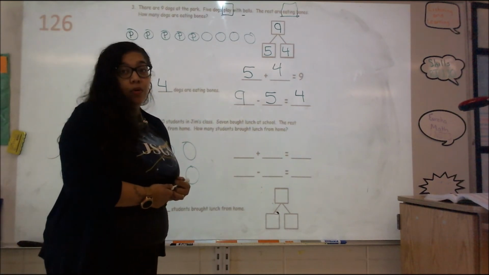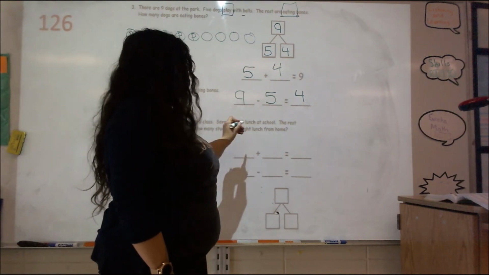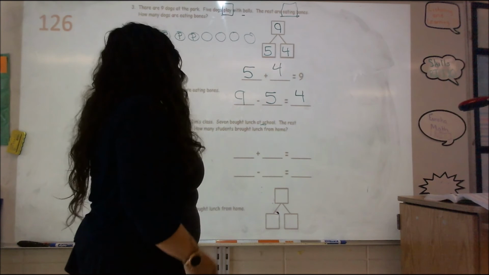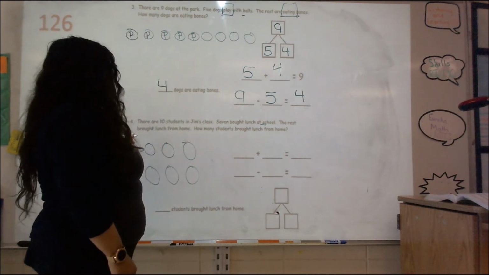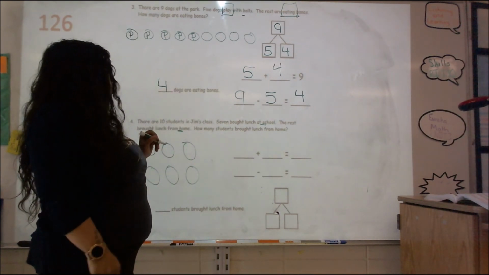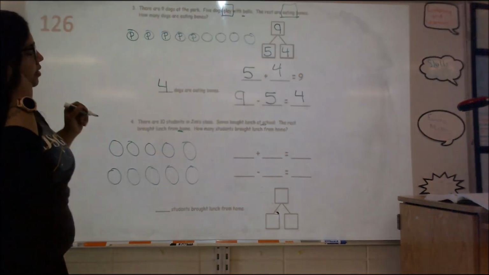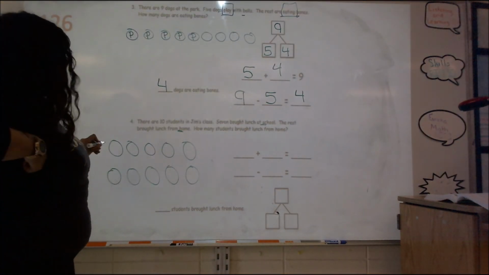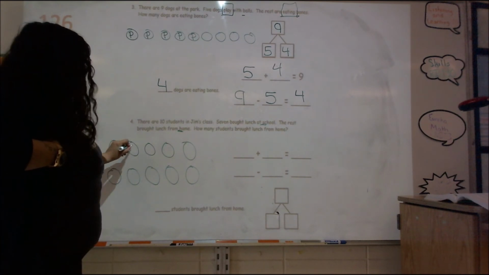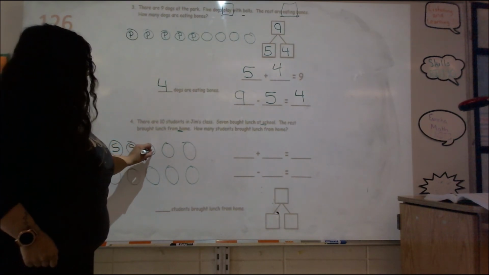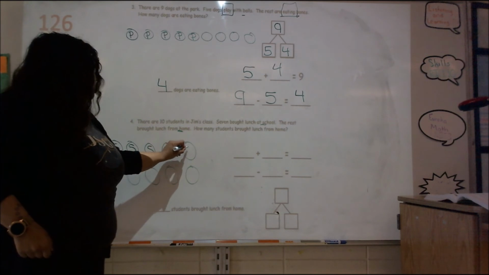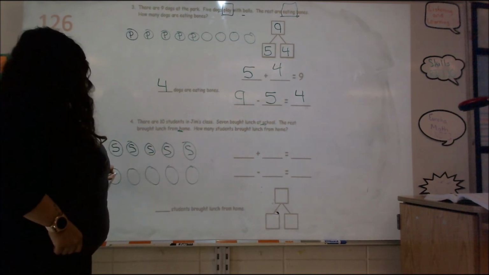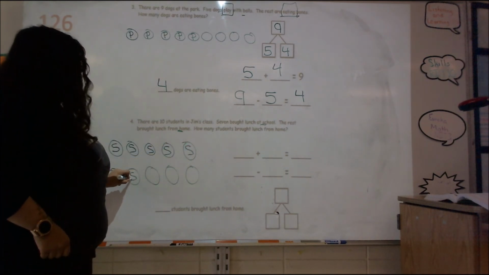I'm going to label my students that bought lunch from school with an S, and the rest will be labeled with an H. How many students bought lunch from home? Well, first we will label the 7 school lunch children. School, school, school, school, school, school, school.